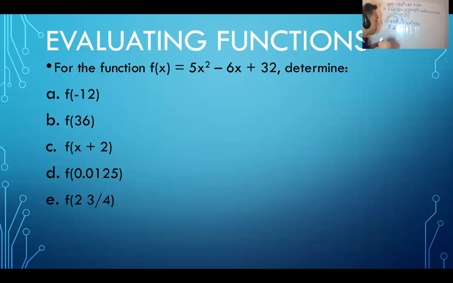Next, I. Inner to inner. This is F, this is O, this is I. So positive 2 times x is also positive 2x. Then the last one, we have L. Last to last.